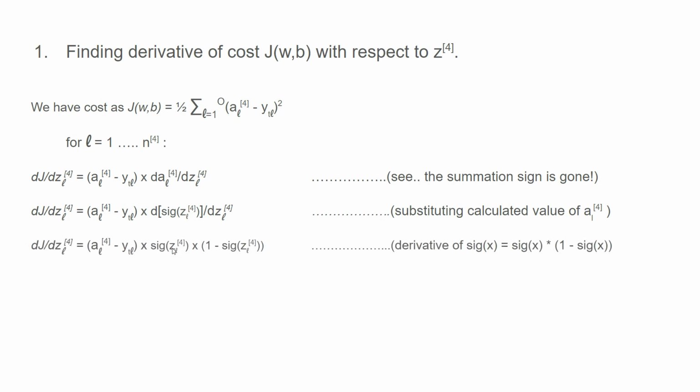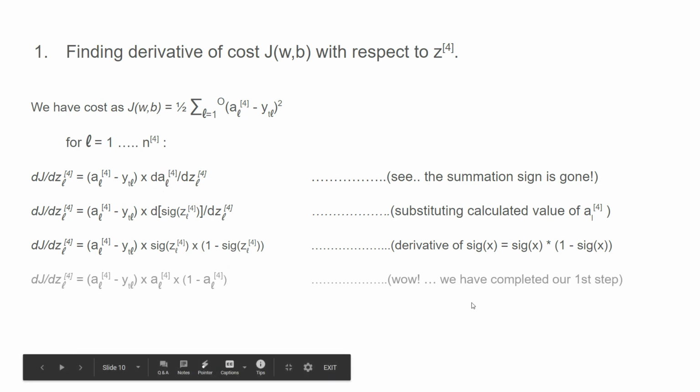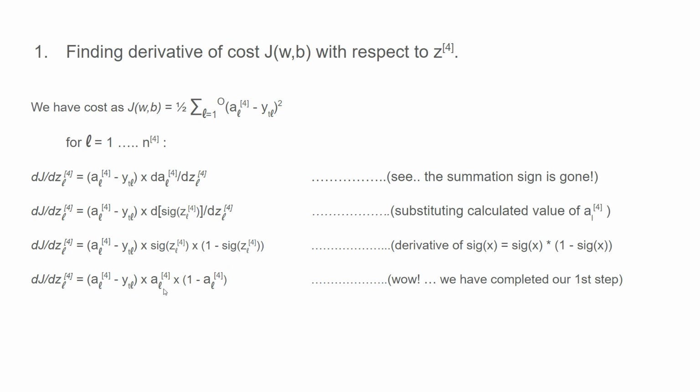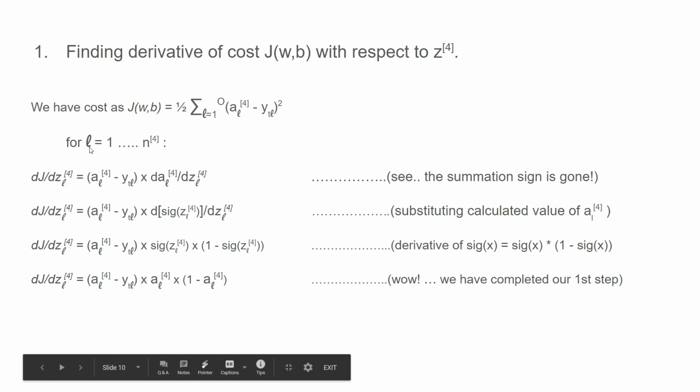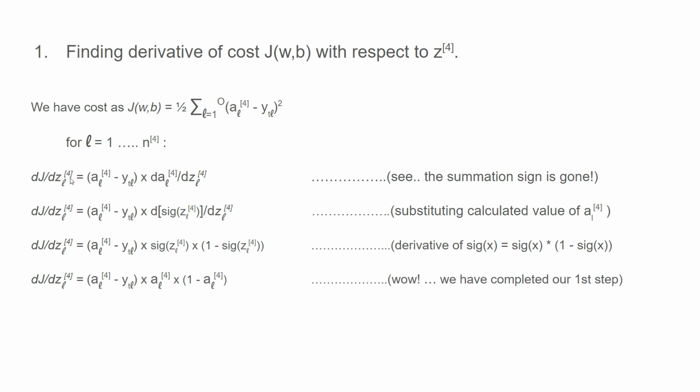It will become sigmoid of ZL4 into 1 minus sigmoid of ZL4, and sigmoid of ZL4 was AL4. So now we have (AL4 minus YTL) into AL4 into (1 minus AL4). This is for all the lth z.